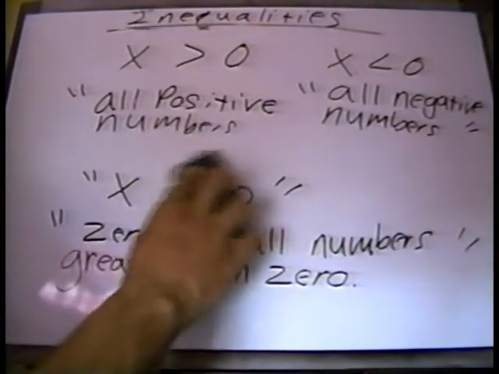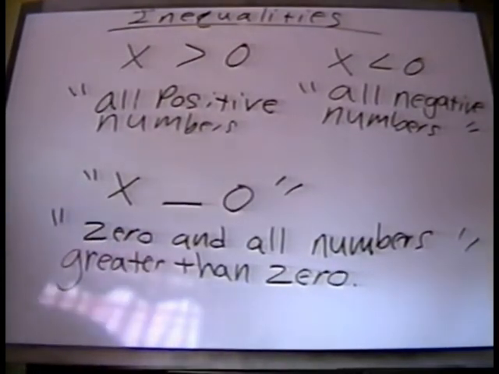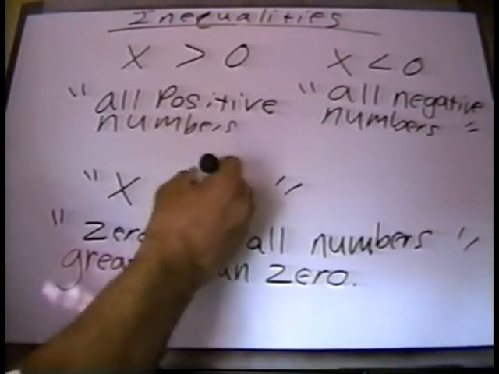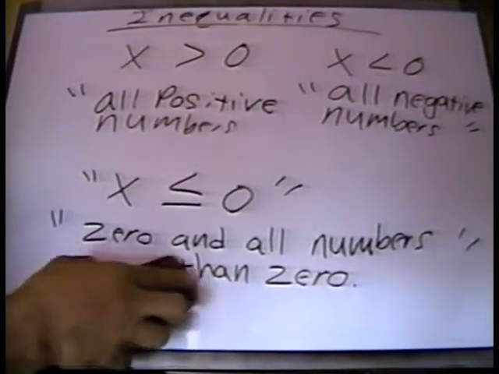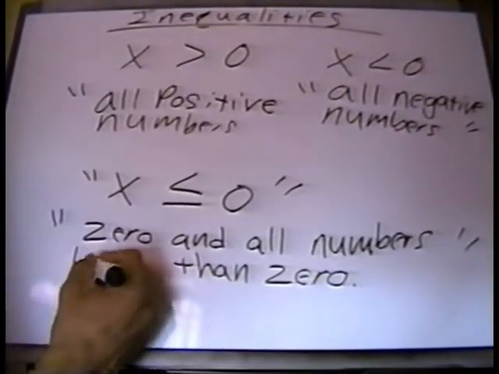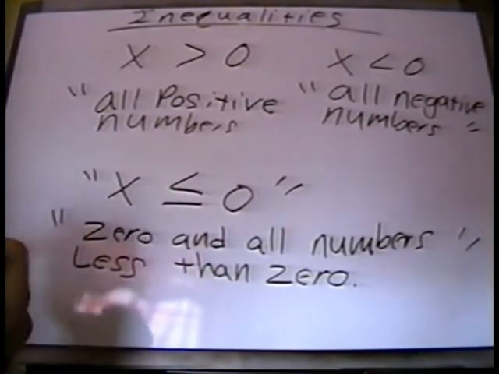Now, if I were to take this and make that a less than or equal to symbol, that would be 0 and all numbers less than 0. Or you would say 0 and all negative numbers.